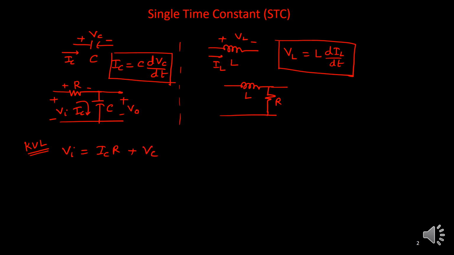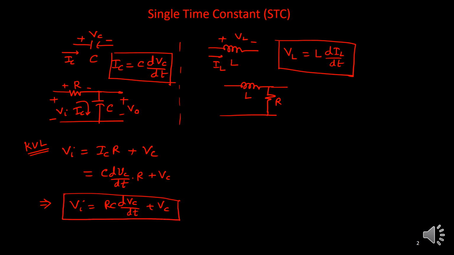So this Ic I can write as C dVc/dt, multiplied by R, plus Vc. So you can see that Vi equals RC dVc/dt plus Vc. This is a first order differential equation. Here this term is called the time constant tau. Tau equals R into C.